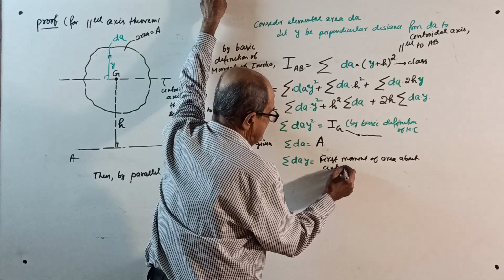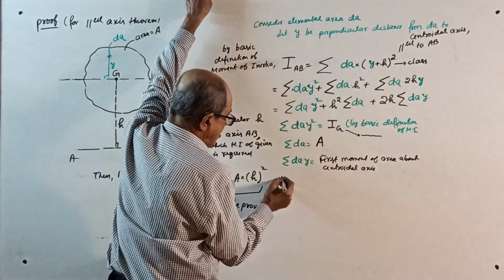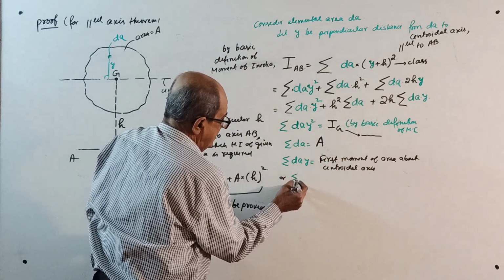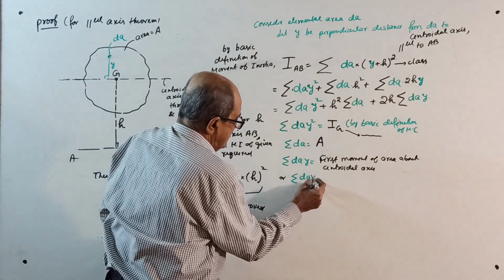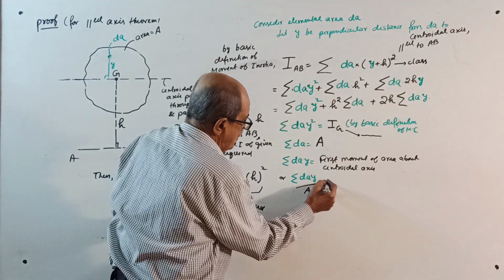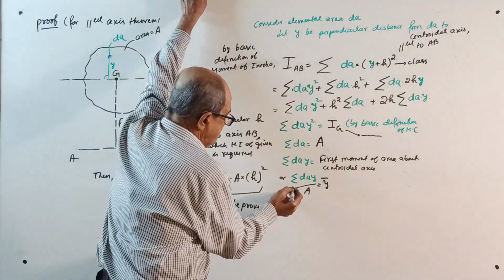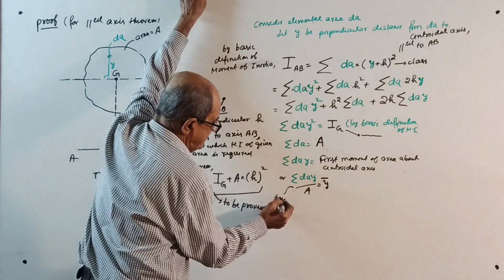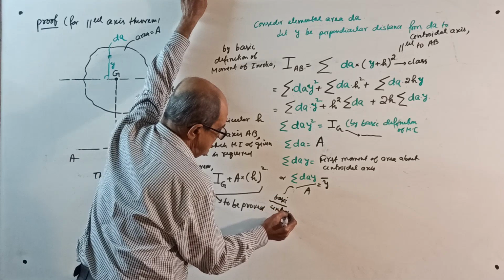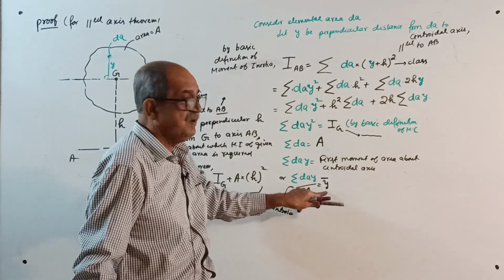Or you can write sigma dAy divided by area will give y bar. See, basic definition of centroid. So many problems are solved there. Sigma dAy by area is y bar.